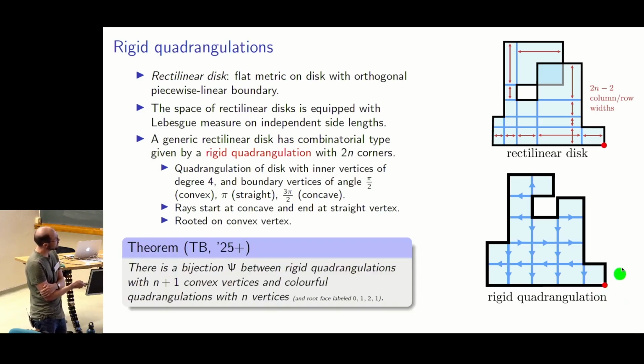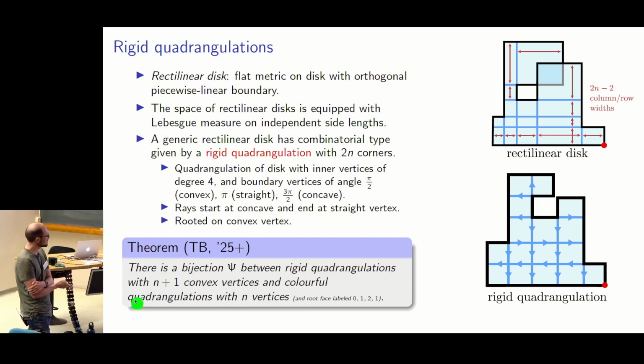And then finally, I said we have to root maps. So I will, by convention, root it on a corner that has to be a convex vertex. So then the main bijective result that I would like to describe for you is that these rigid quadrangulations with n+1 convex vertices are in bijection with colorful quadrangulations with n vertices.